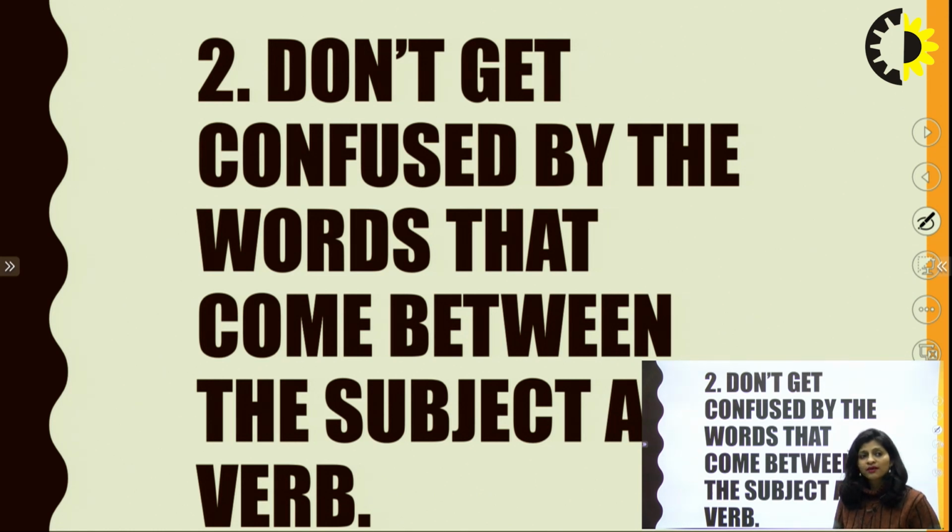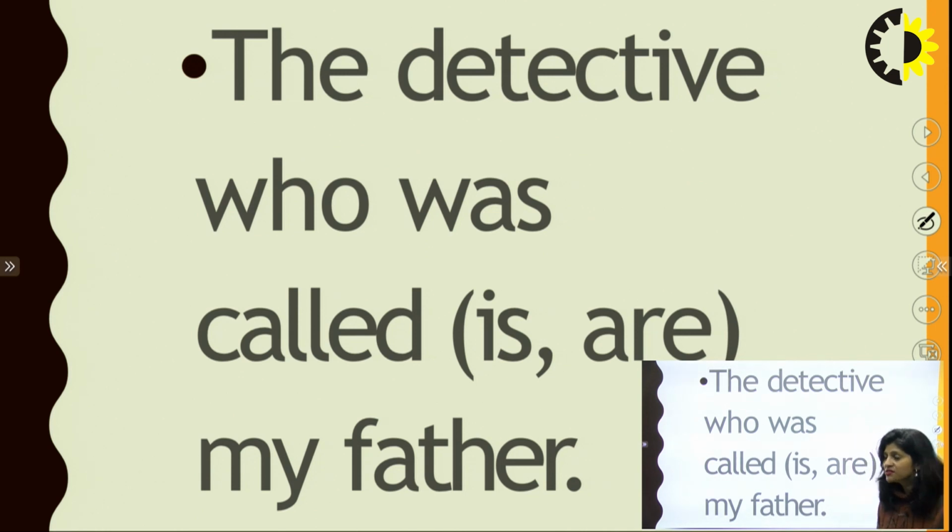First you need to understand the type of sentences. This is the first one. The detective who was called is or are my father. Obviously you need to eliminate who was called, because this is a noun phrase. You need to focus on the detective. The detective is a singular subject, so we will use a singular verb here.